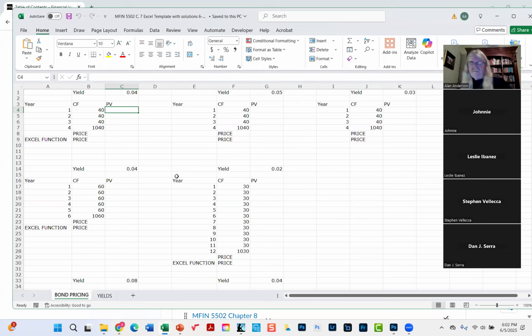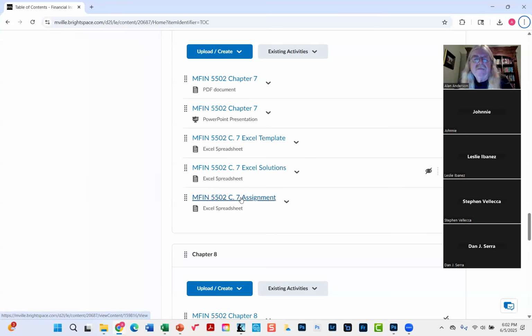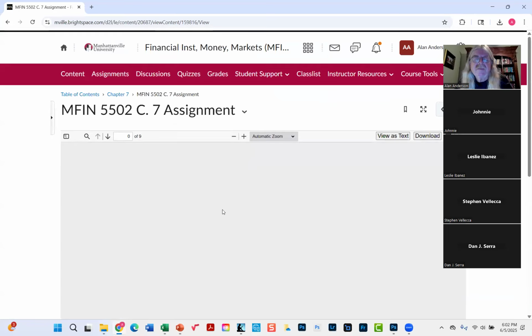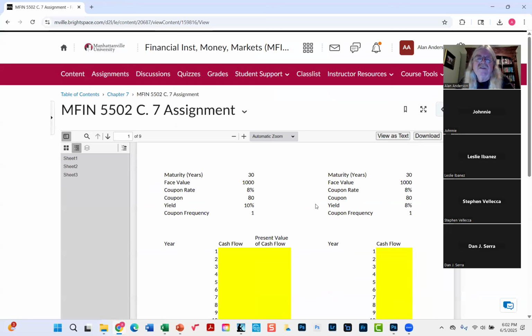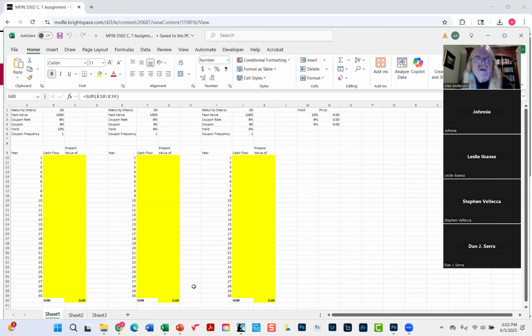The other thing is that this week we actually have a short Excel assignment. It's not even a document, it's a spreadsheet, and it's set up so that you can tell what you're supposed to do, because the yellow is where you're supposed to enter information.